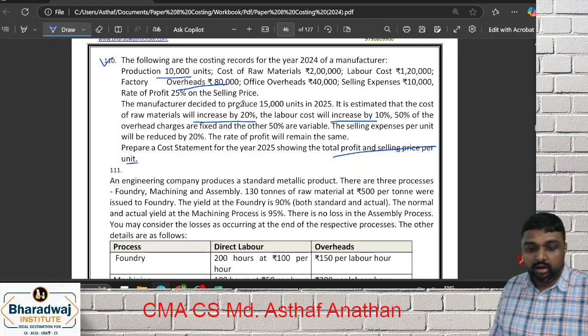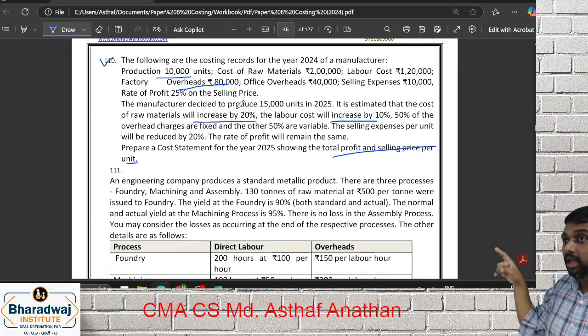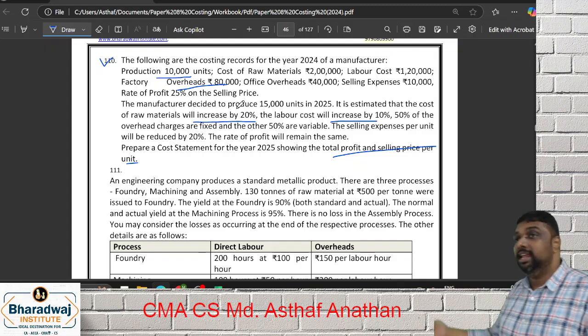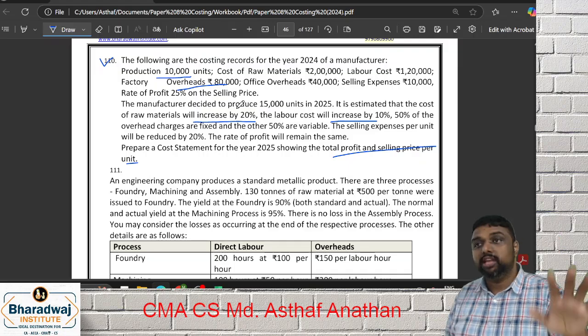They use fixed 50% of factory overhead or overhead. Here they use overhead only, but there are some questions where they use only factory. If only factory, it will apply only to factory, it will not apply to admin. Here they use overhead, so it will affect both factory overhead and admin overhead. For selling, they use the word selling expense and give an additional adjustment. If additional adjustment is not given, the same will apply there also.